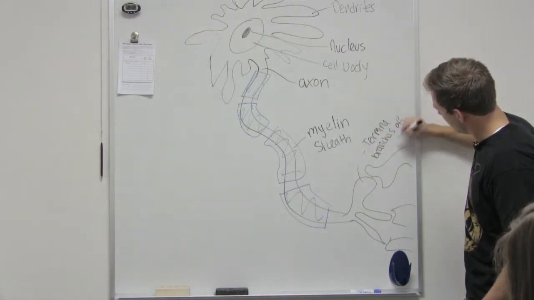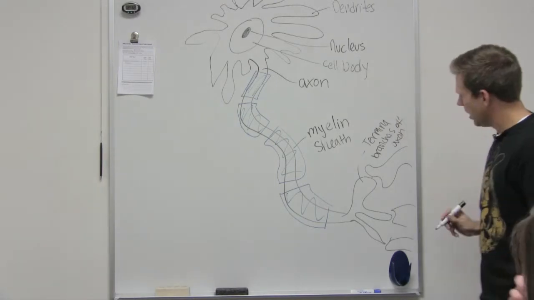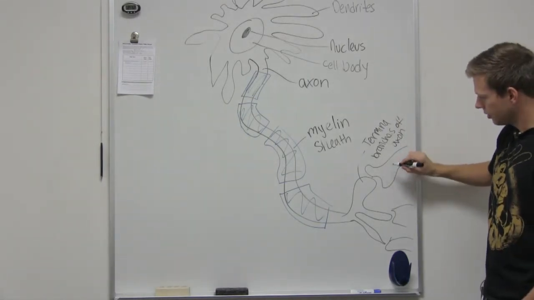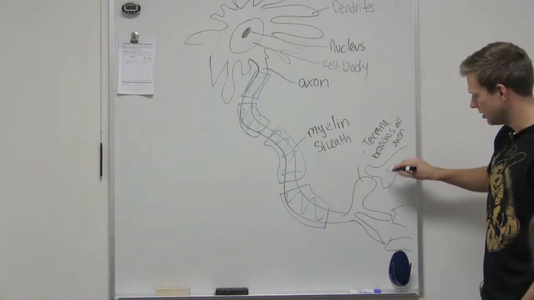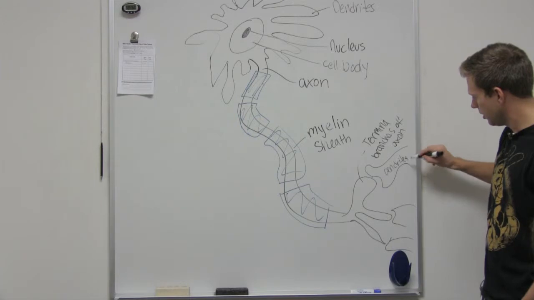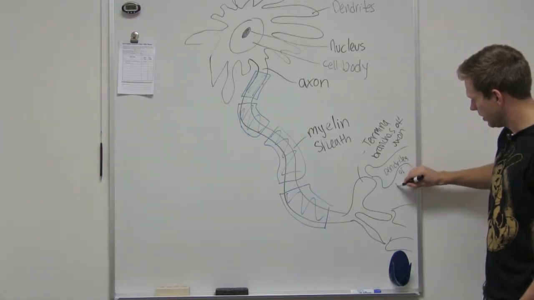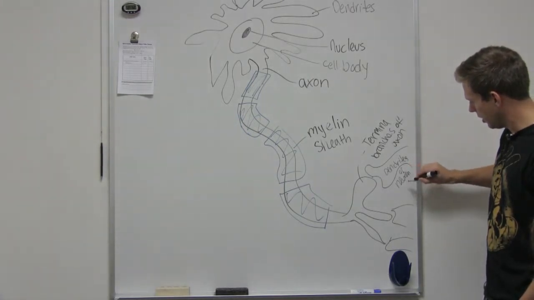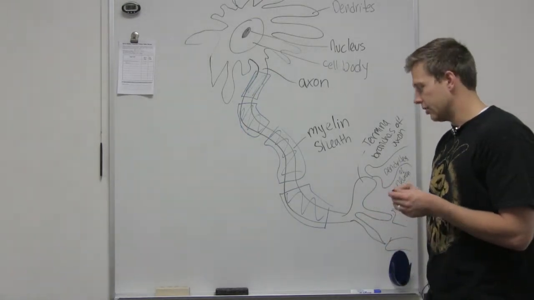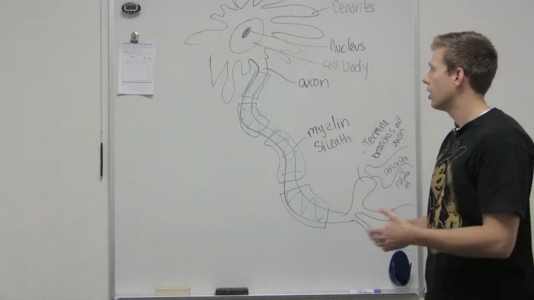And then these are the dendrites of another neuron, neuron B. Okay, and so now we'll go over what all of them are.